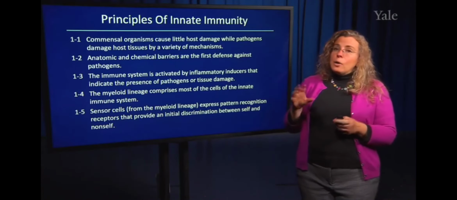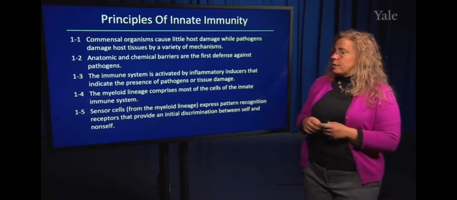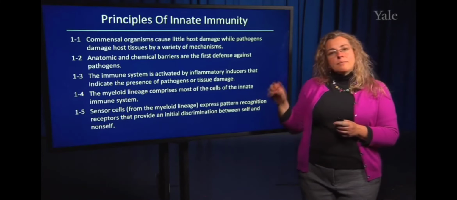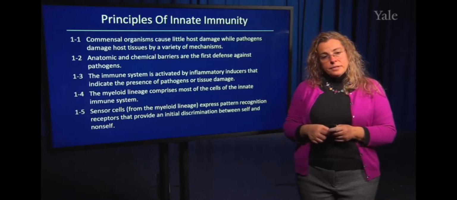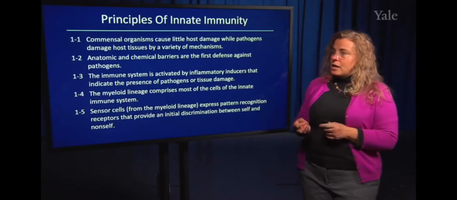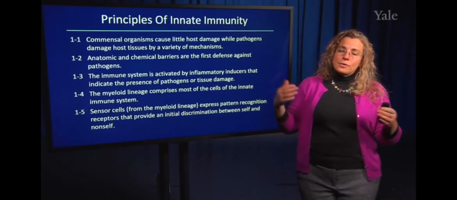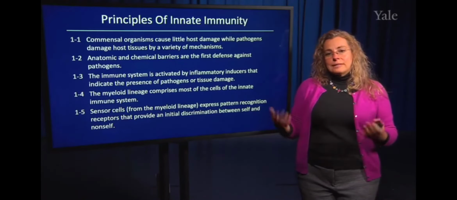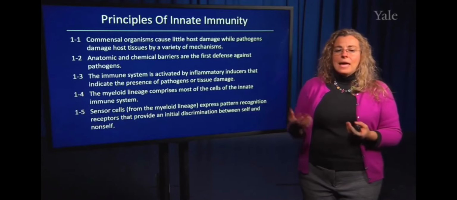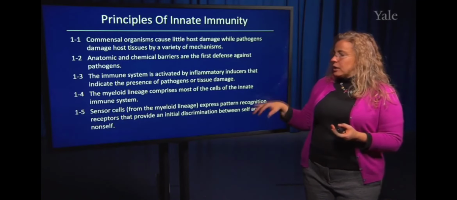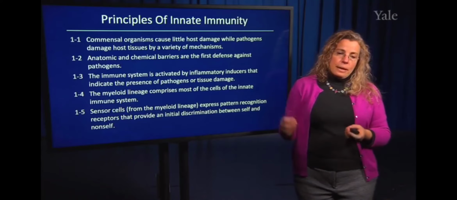The myeloid lineage that I just showed you on the previous slide comprises most of the cells of your innate immune system. And those cells, because they're at those barrier sites, are also called sensor cells because they're the first to sense that there's a problem. And they express what's called pattern recognition receptors.